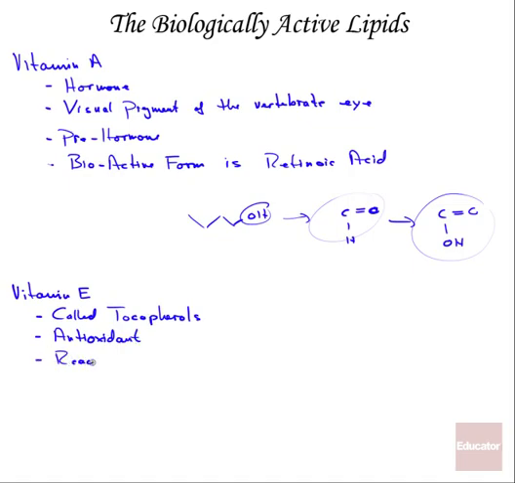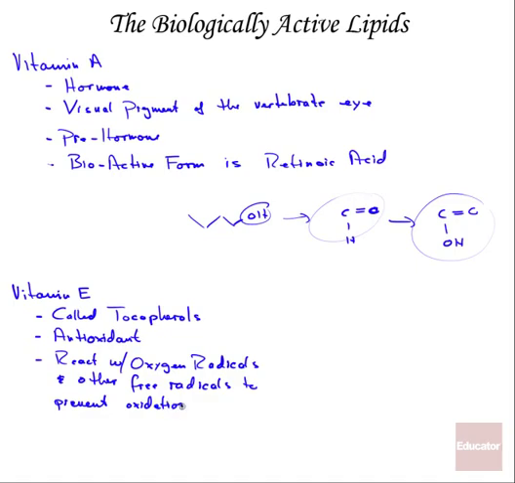And antioxidants, they do one thing. They react with oxygen radicals. And you remember from organic chemistry, a radical is something that has just one electron instead of the two electrons, so they're a highly reactive species. Oxygen radicals and other free radicals, not just oxygen radicals, to prevent the oxidation of membrane lipids.